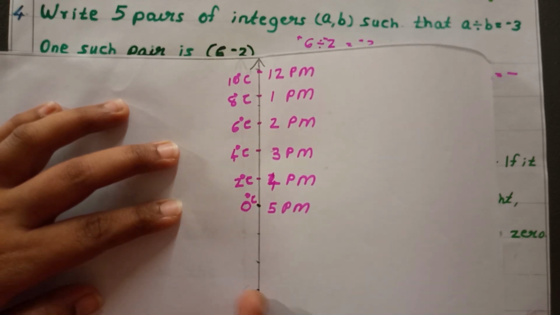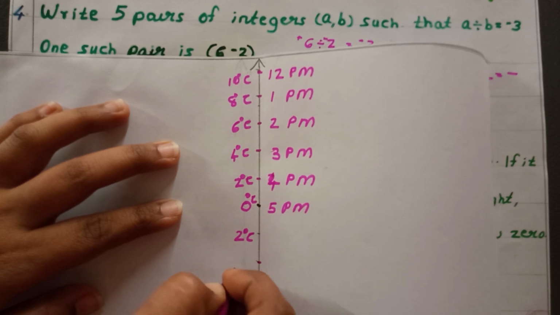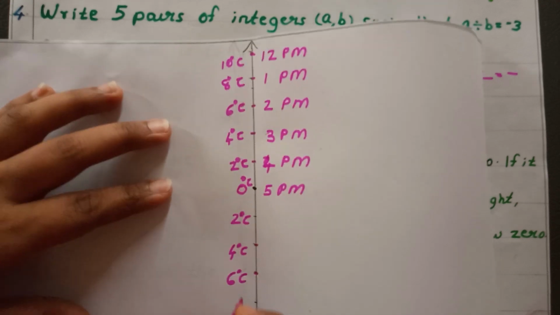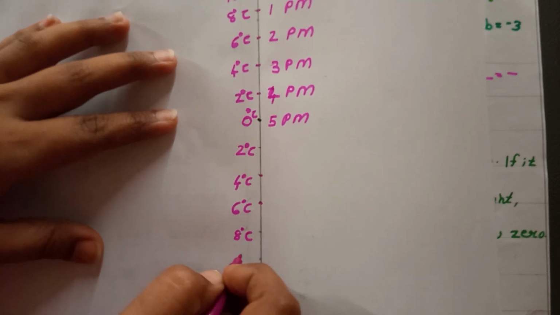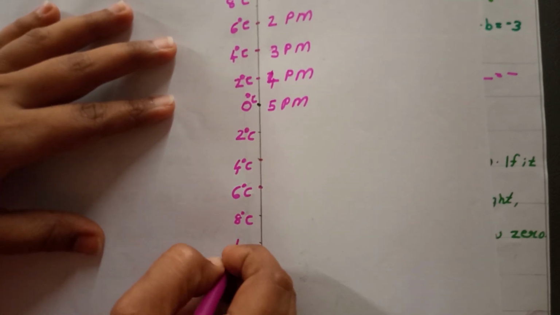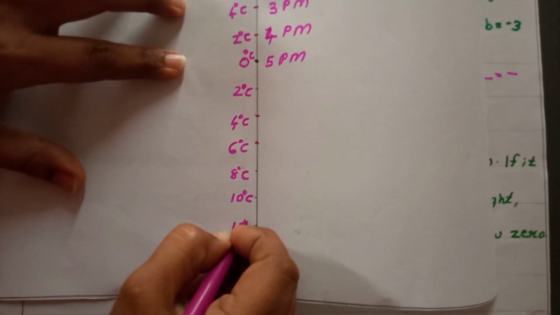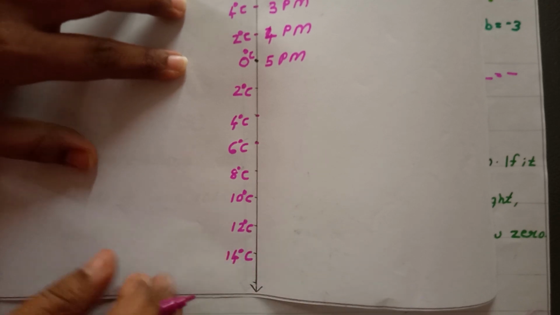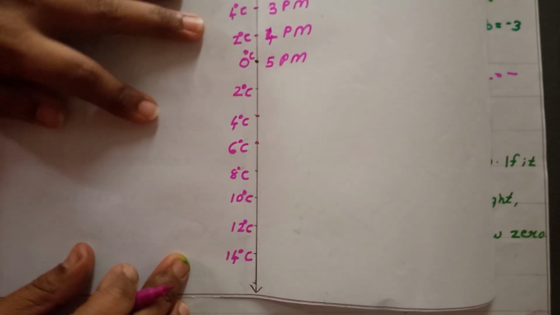And below 0, again 2 degrees Celsius, 4 degrees Celsius, 6 degrees Celsius, 8 degrees Celsius, 10 degrees Celsius, 12 degrees Celsius, and 14 degrees Celsius. And we have to write down the corresponding time of each and every temperature.